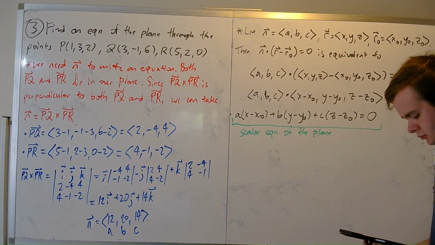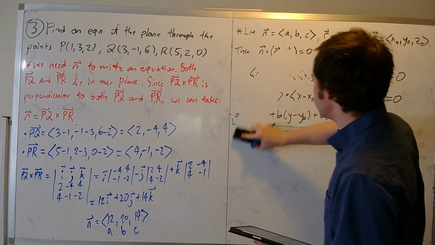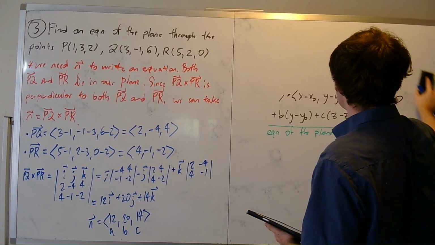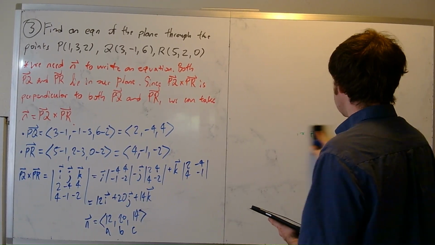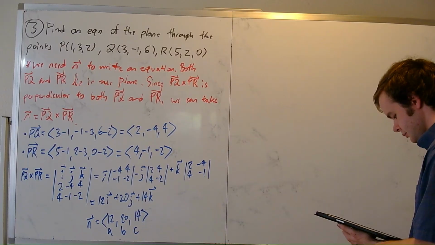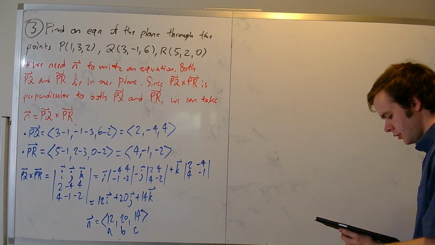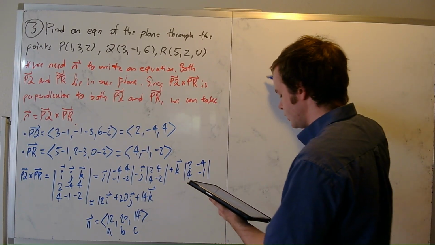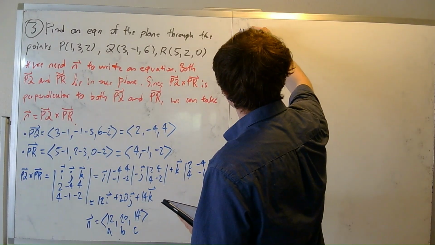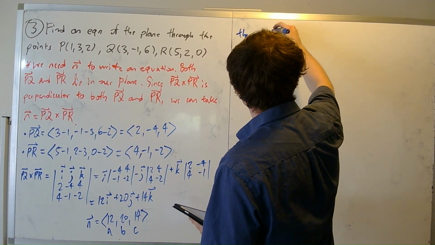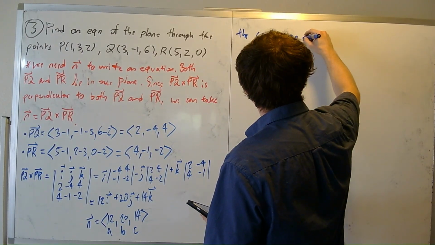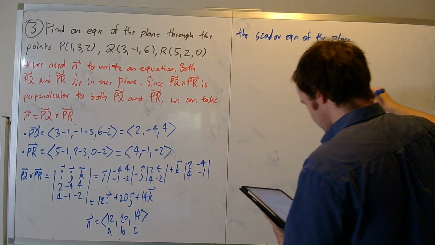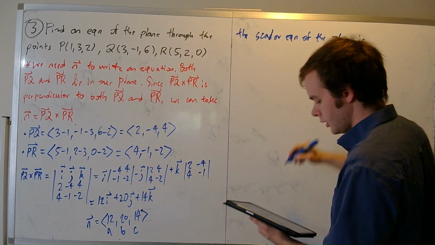And then we can write down both the vector and scalar equations of the plane. You can write out the vector equation of the plane if you want. I'll skip that, but I'll write the scalar equation of the plane. The scalar equation of the plane is, so remember we had a formula for it.